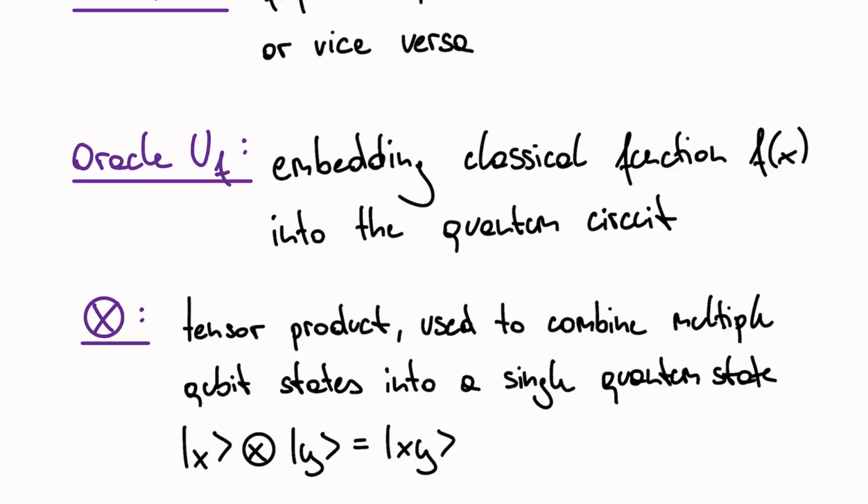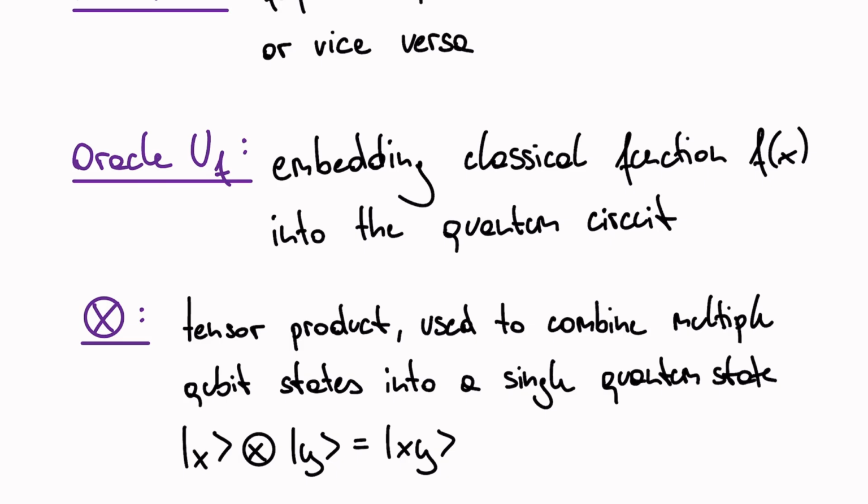If both qubits are in superposition, then their tensor product includes all possible combinations of the individual states. So we end up with a superposition of 4 states, 0 0, 0 1, 1 0, and 1 1, all happening at the same time. That's one of the key ideas behind quantum computing.